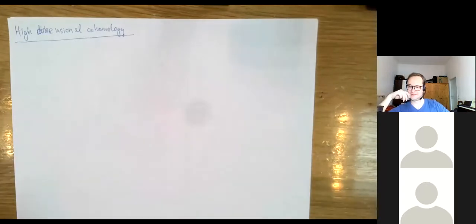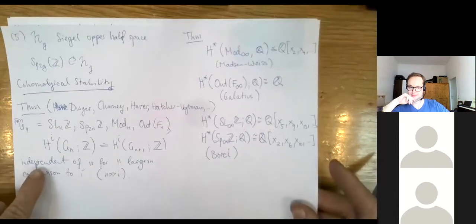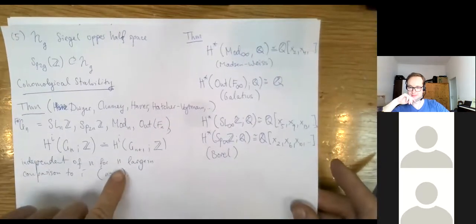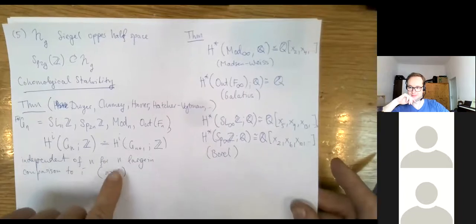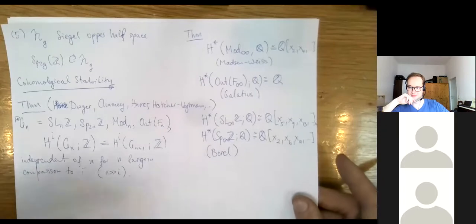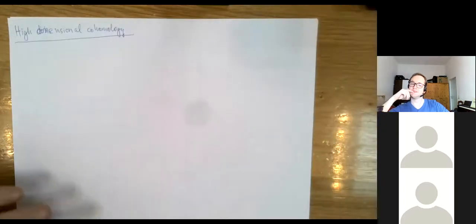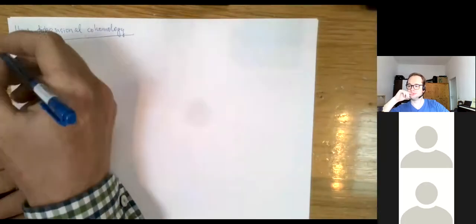So now, as I said, we understand what the cohomology is for n large in comparison to i. But what about the other end, or just everything else? I want to focus on the other end right now.